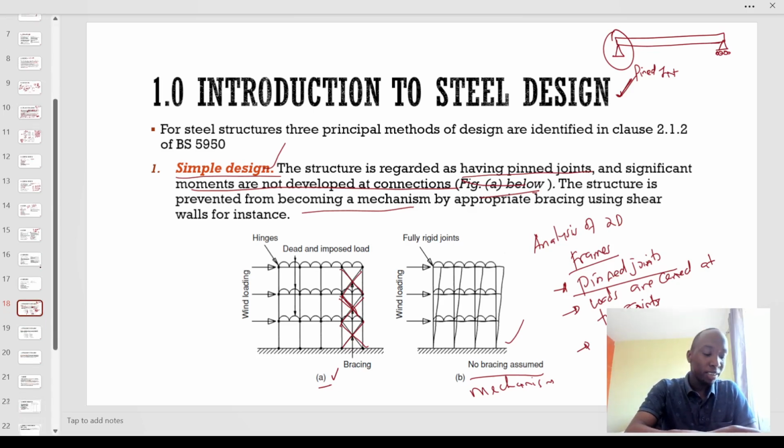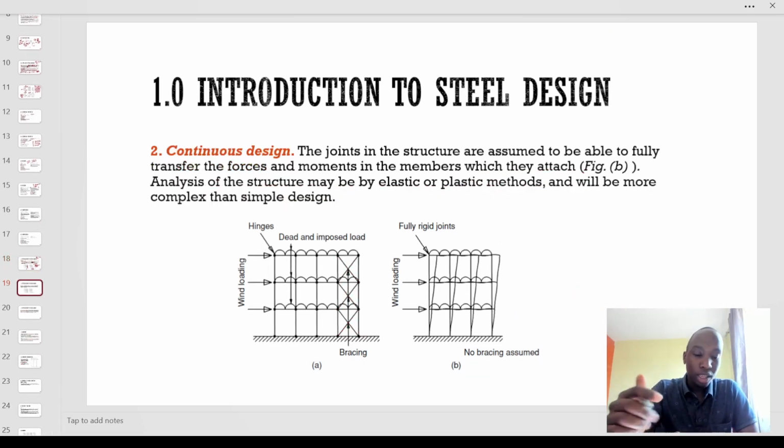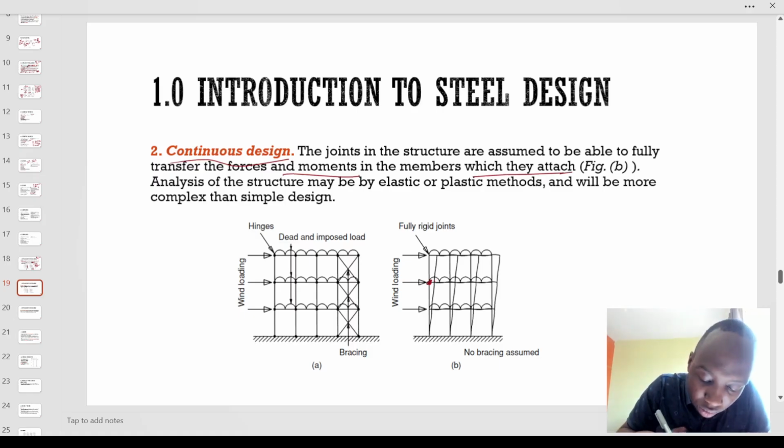Let's make progress. The second one is continuous design. The joints in the structure are assumed to be able to fully transfer the forces and moments in the members which they attach. So this joint can transfer the moments to this member, which causes it to respond in the way that the first one responded.